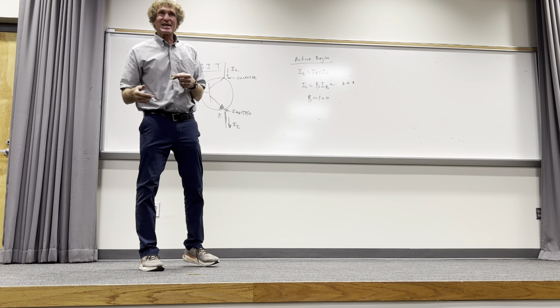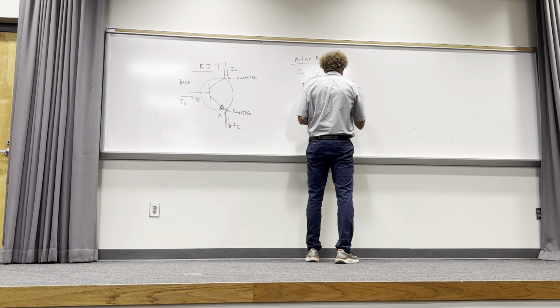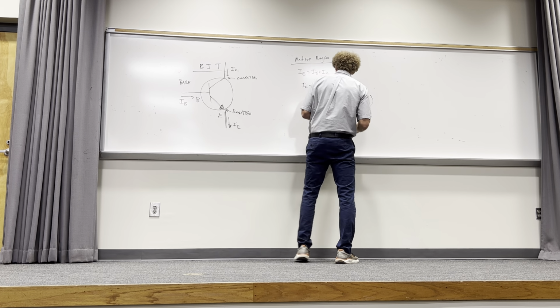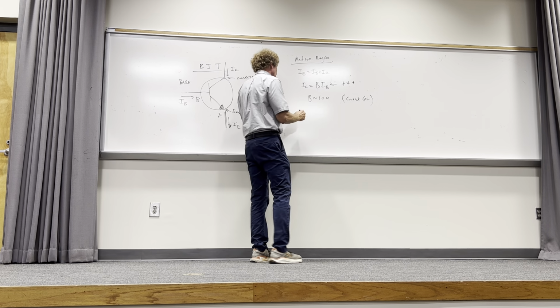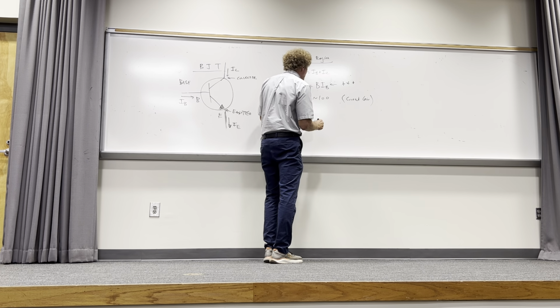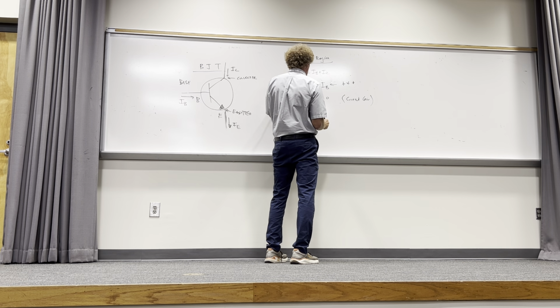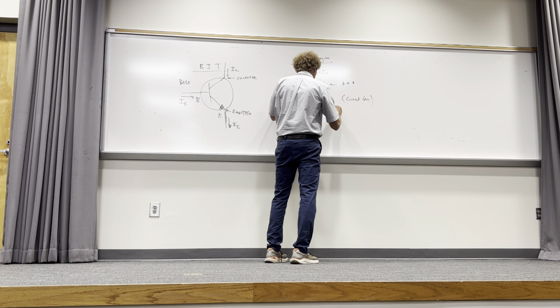That's called the current gain of the transistor, for lack of a better way of defining it. And you could obviously take that and stick it in that equation, and you get IE is equal to IB plus IC, or 1 plus beta times IB.